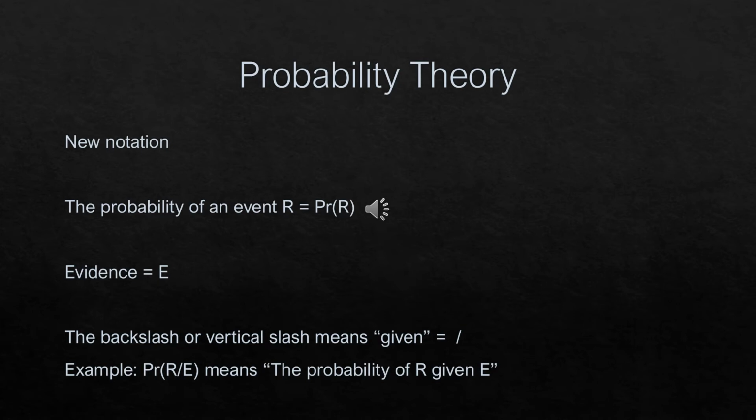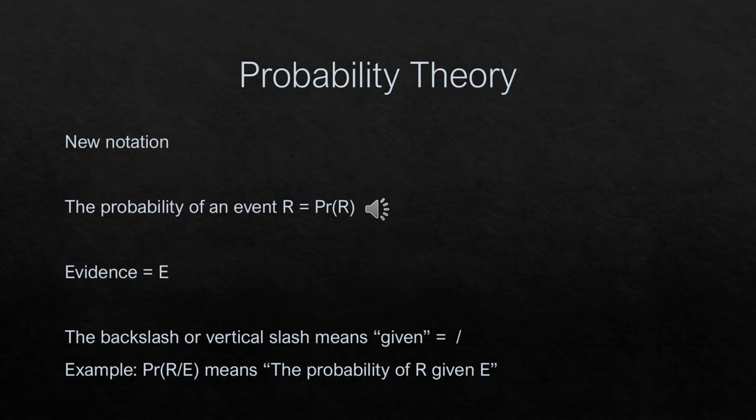Another thing to focus on is that we're going to use the letter E specifically to mean evidence. And the last thing is that we're going to use the backslash, and sometimes the book or other people will use what's called the vertical slash, which is just a straight line, but we don't have access to that on our keyboards in an easy way. So just a backslash. And what a backslash means is "given."